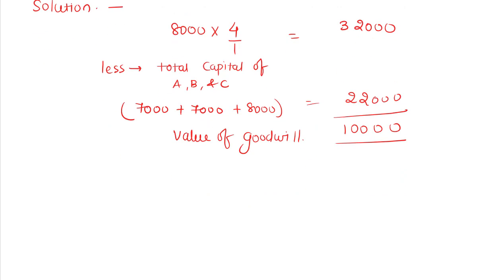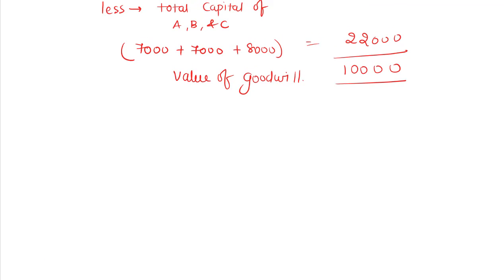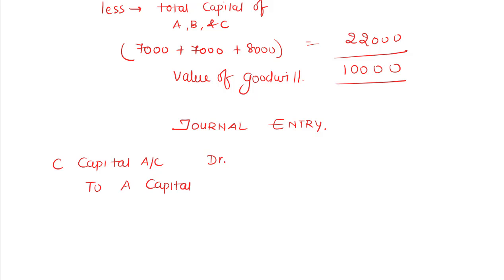Journal entry: the gaining partner's capital account is debited and the sacrificing partners' capital accounts are credited. So journal entry: C's capital account debit, to A's capital account, to B's capital account.